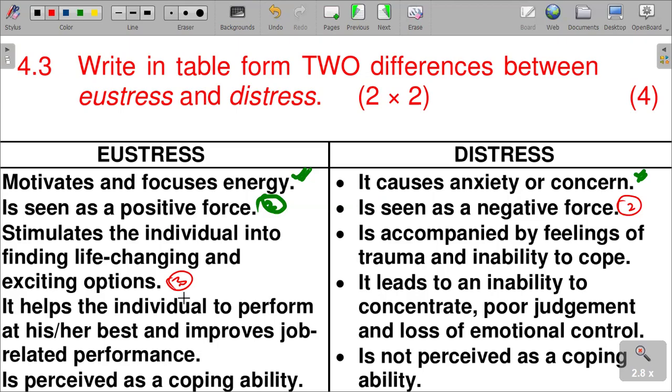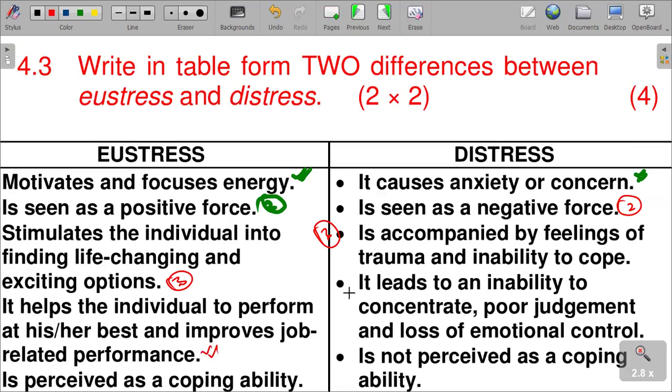And then distress is accompanied by feelings of trauma and inability to cope, where a person cannot move on and cannot manage. Eustress helps the individual to perform at his or her best and improve job-related performance.